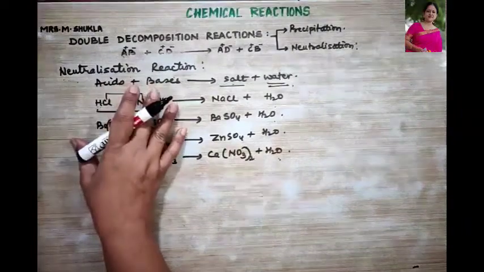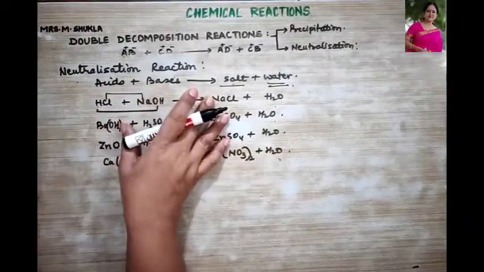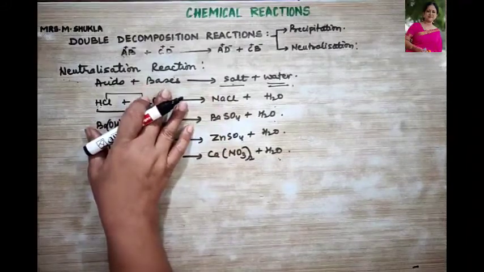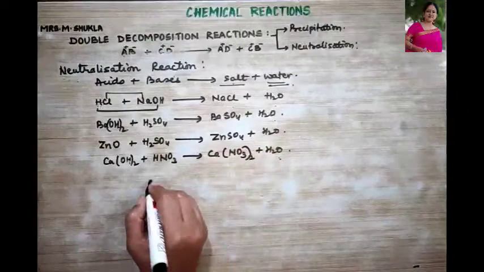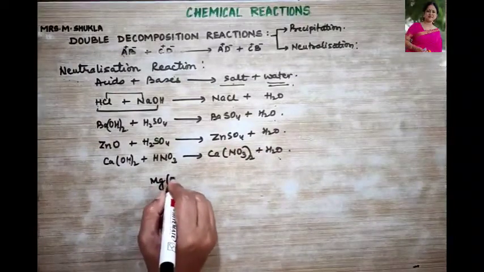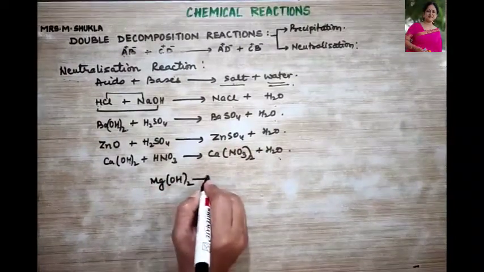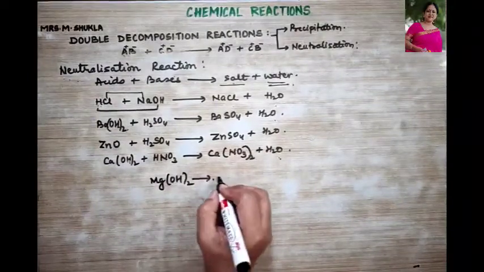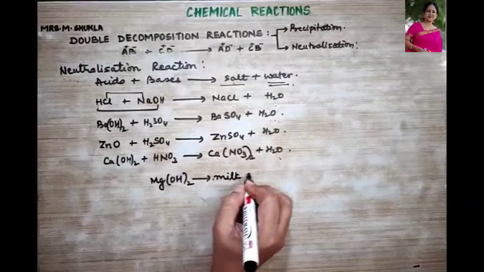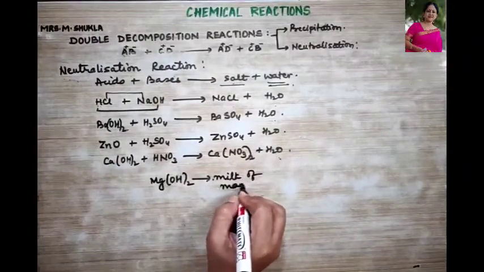By using antacids. What could be those antacids? Like milk of magnesia. What is the formula for milk of magnesia? It is Mg(OH)2. This is prescribed by the doctors, right? This is called milk of magnesia.